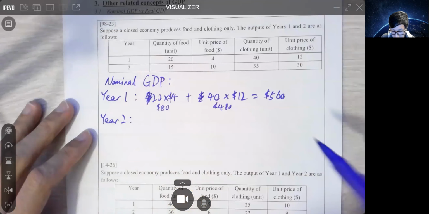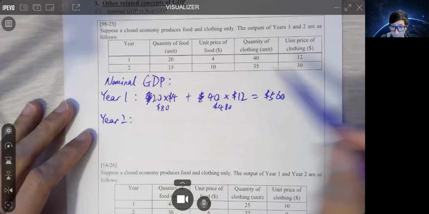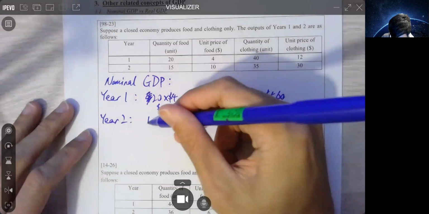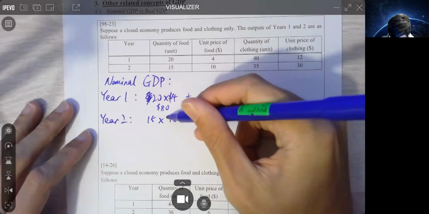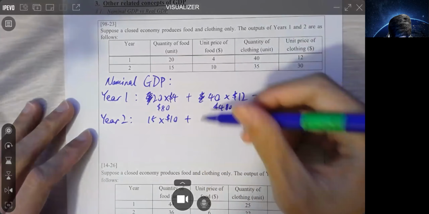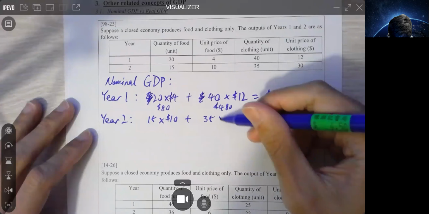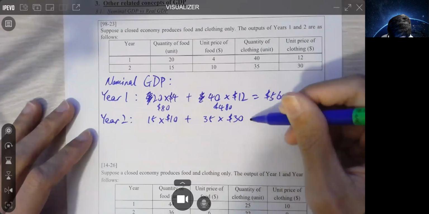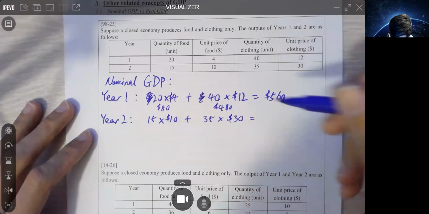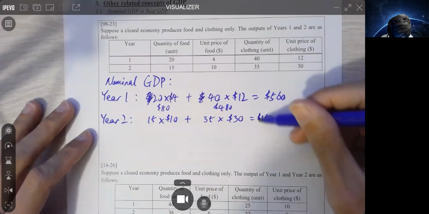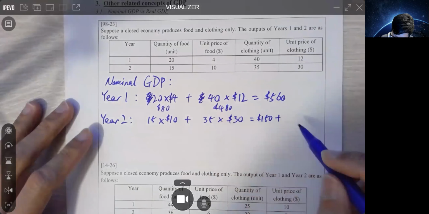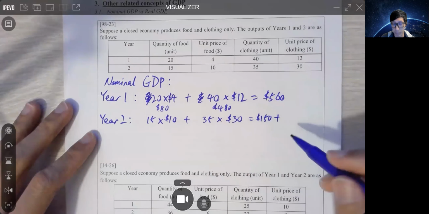We do the same. Quantity times price. 15 times 10 plus 35 times $30. This would be 150 plus 35 times 30, which is 1050.